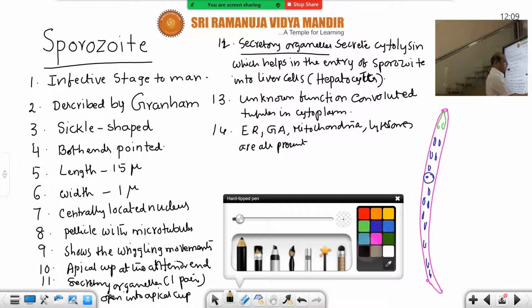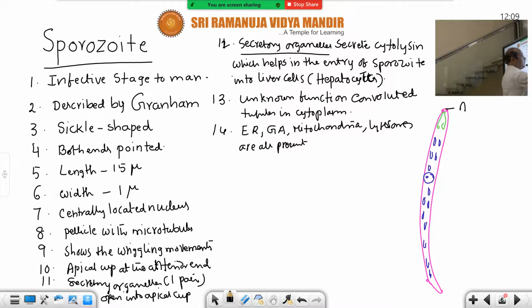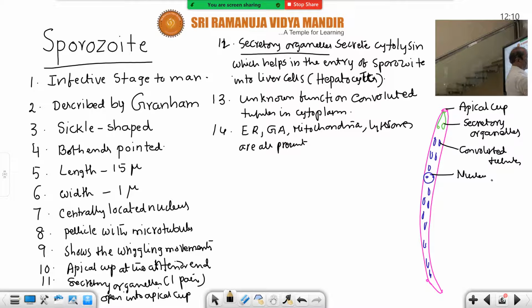So now let us take the labeling of the sporozoite. This is the apical cup, secretory organelles, which, as I told you just now, secrete the enzyme cytolysin, and convoluted tubules, and this is the nucleus, pellicle with microtubules.